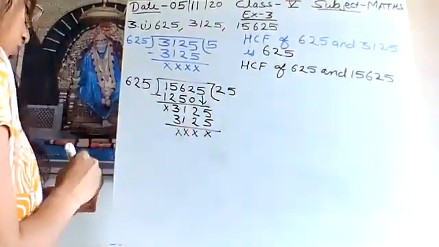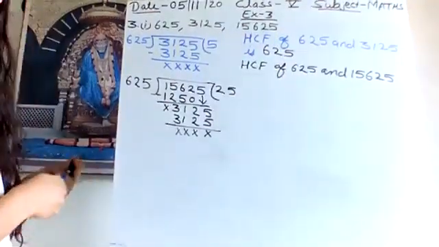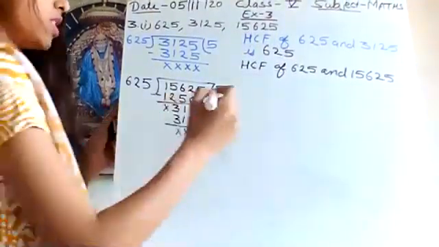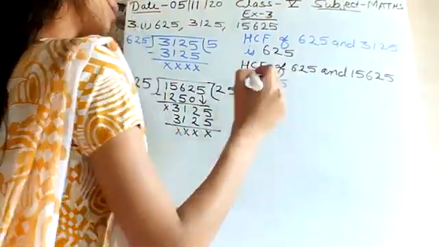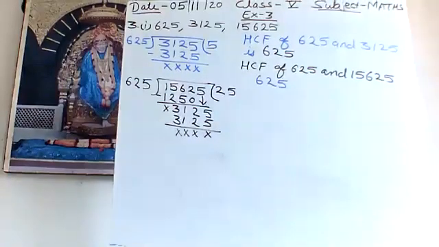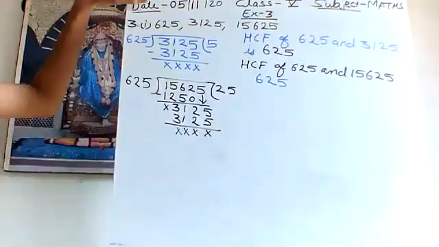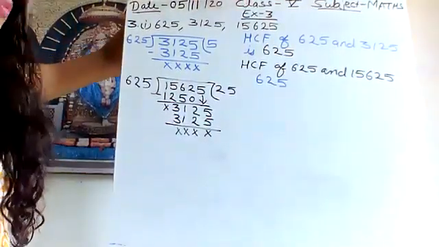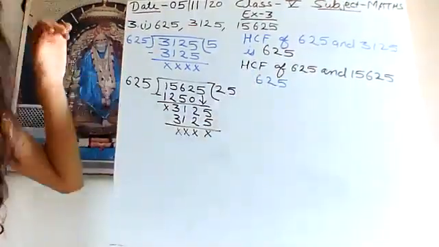Okay, so here also HCF of 625 and 15,625 is 625. Okay, so HCF of 625, 3125 and 15,625 is 625.